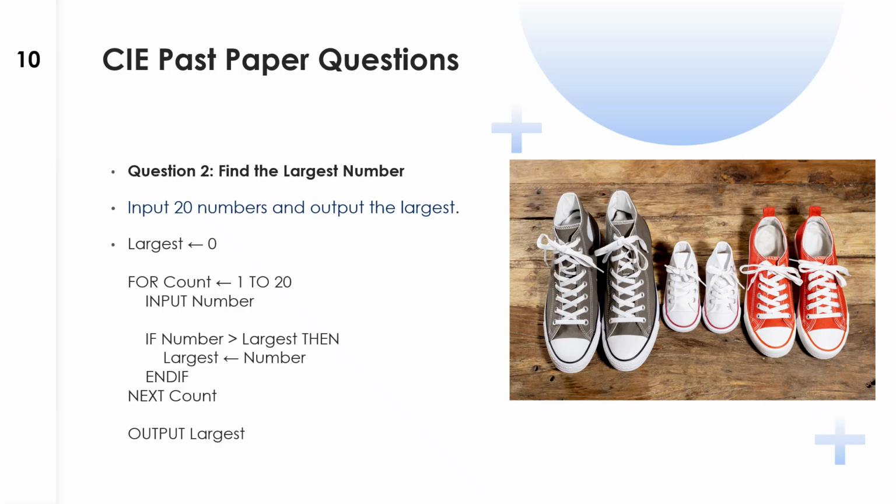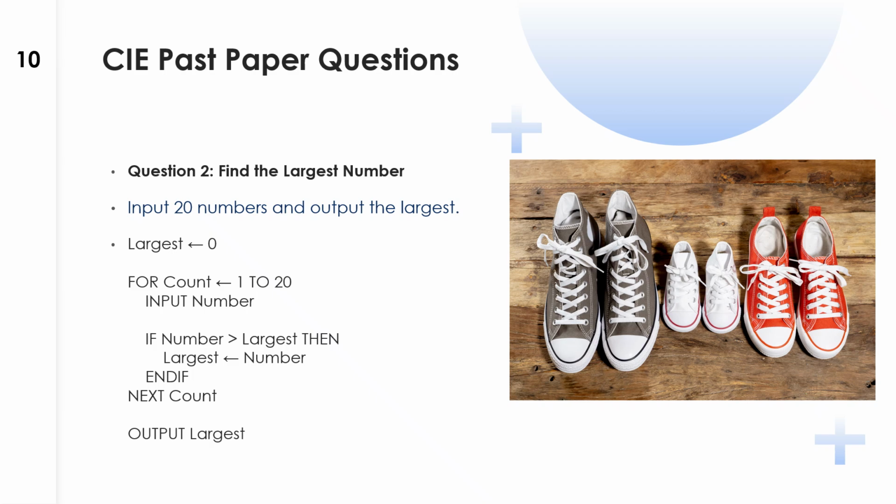The next count will increment the count so that the next number will be taken as input. Notice that from the input statement to the if statement and the if structure, everything is indented within the for loop, thereby stating that these are all a part of the for loop and they will be executed while the for loop is running.